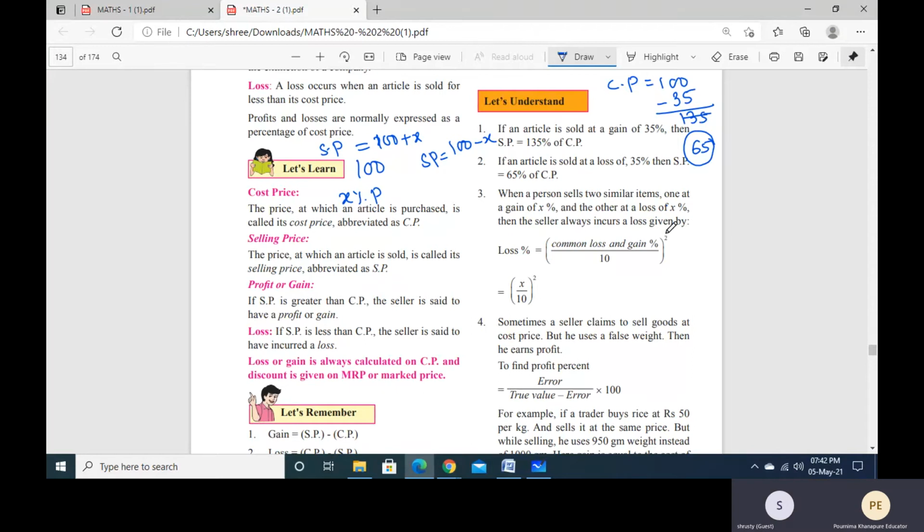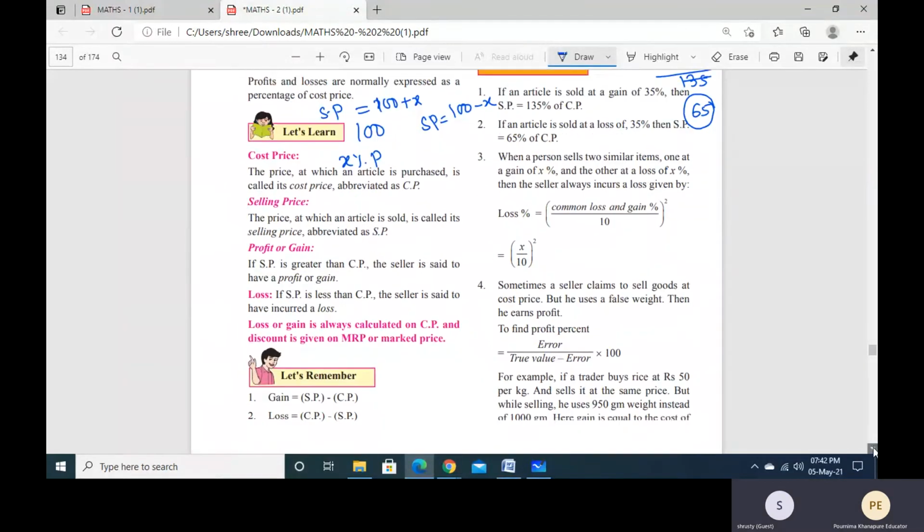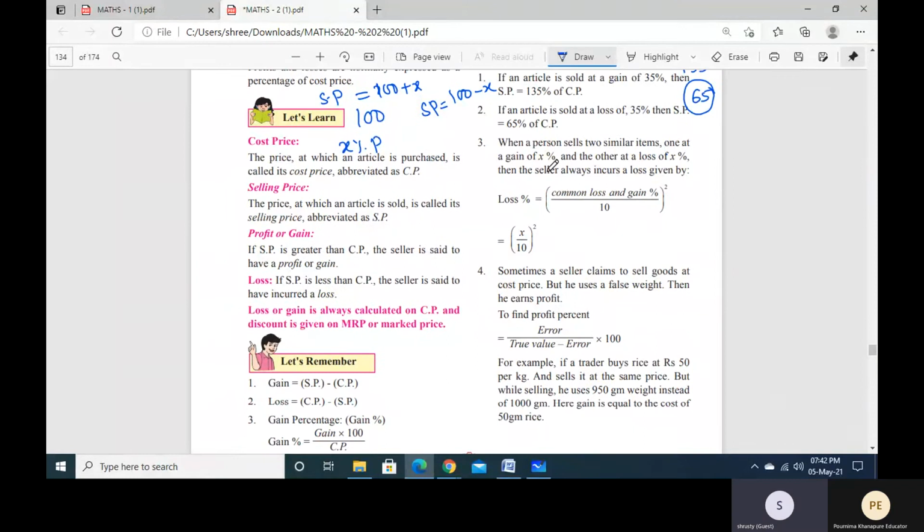The loss is given by common loss and gain percent upon 10, squared. The common loss means that the 20 rupees of profit is utilized to make up for that loss. Actually it seems like that, but it doesn't happen.